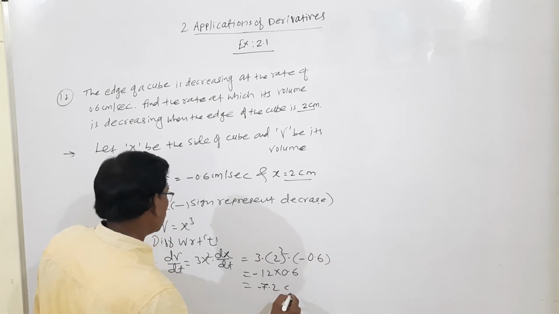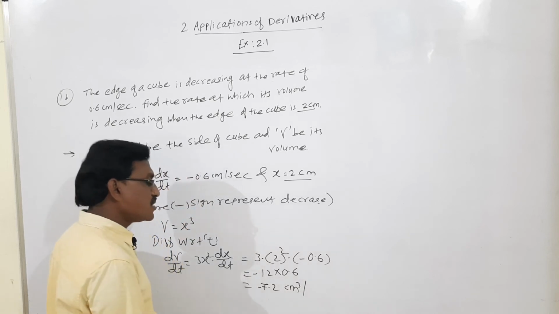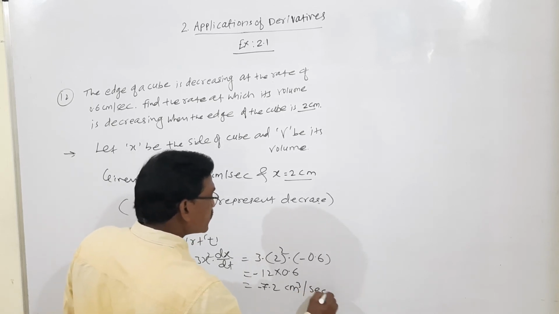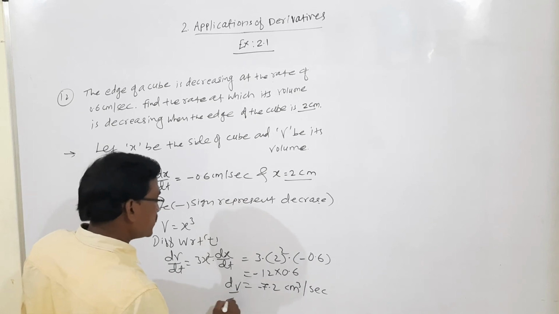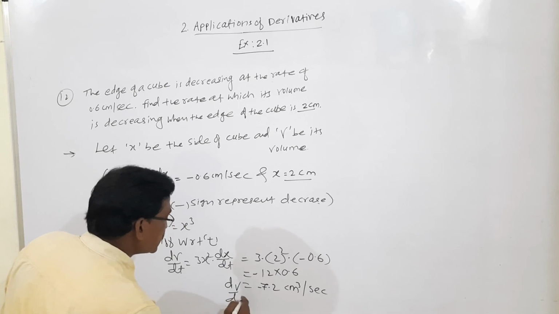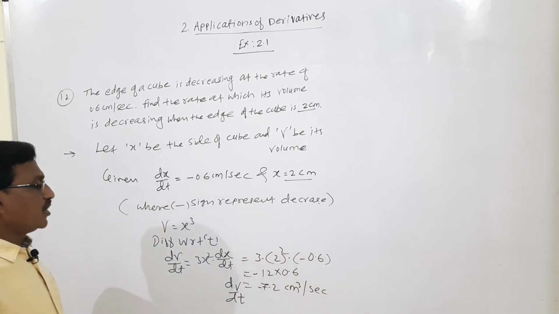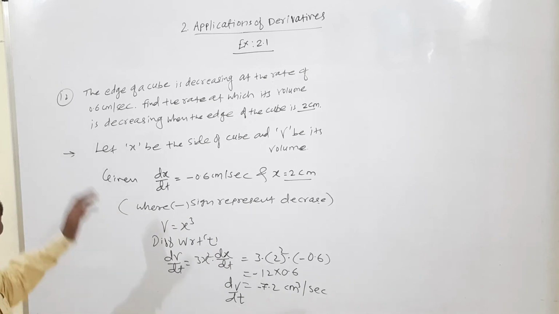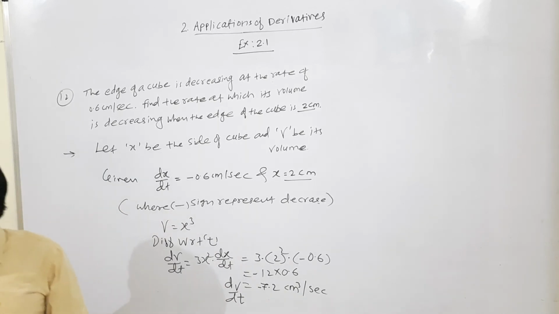centimeter. Volume of cube, so it is centimeter cube per second. It is dV by dt. This is the rate of change of volume of the edge of the cube.